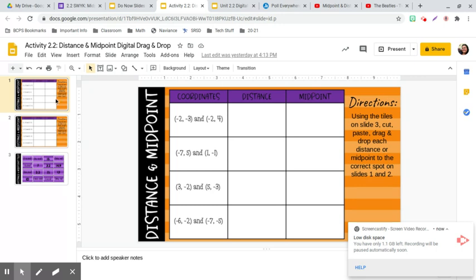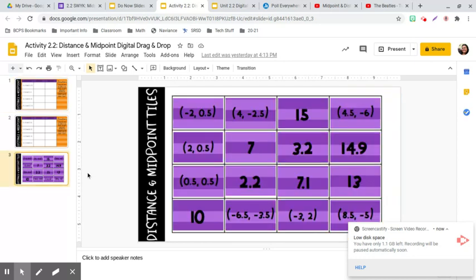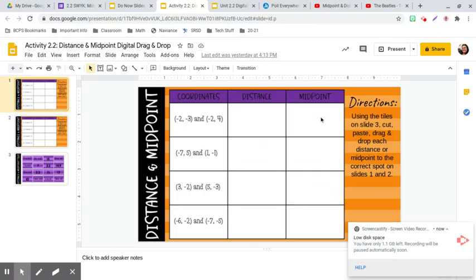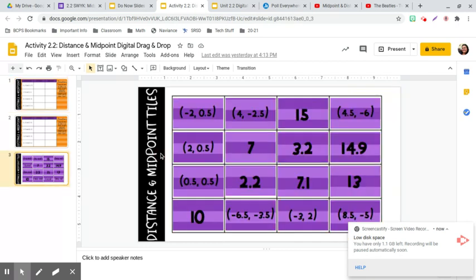You have 8 problems. You also have your tiles over here. So when you solve for the midpoint of the coordinate points -2, -3, and -2, 4, and you come over here and you're like, this is the midpoint, I don't know if this is the right answer, so don't trust that.